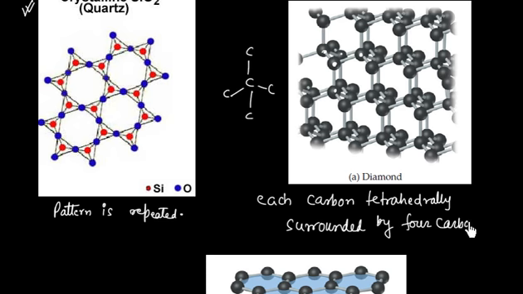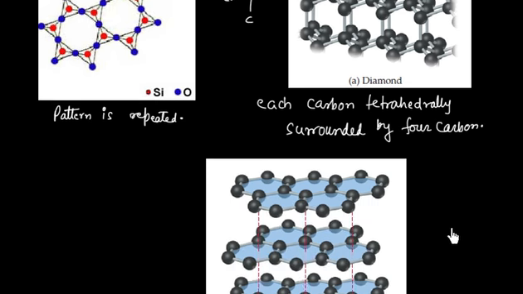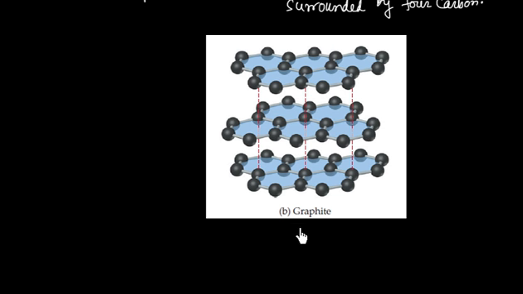Another example of amorphous solid, sorry, crystalline solid, we have graphite. So graphite is another example of crystalline solid. You see, in this case, once again this pattern keeps repeating. So hexagon, we have another hexagon, we have another hexagon.